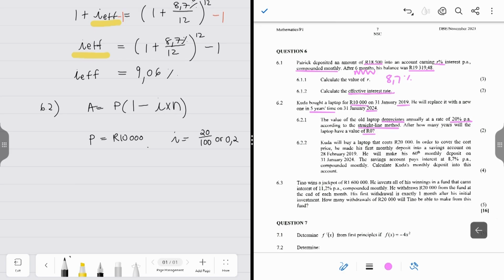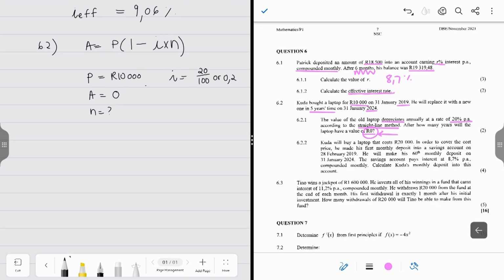And we also know that our final amount that we want is going to be 0 Rand. What we don't know is N. We're going to find N. They asked us, after how many years? So they want to know how long it will take, and N will tell us how many years it will take.